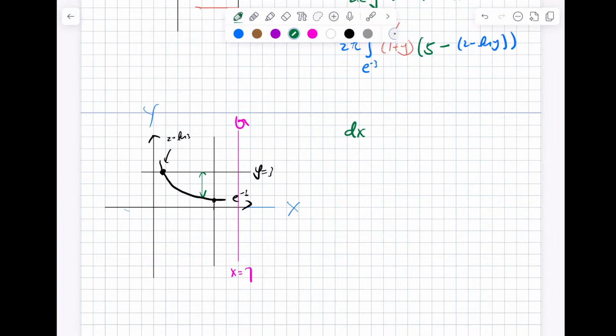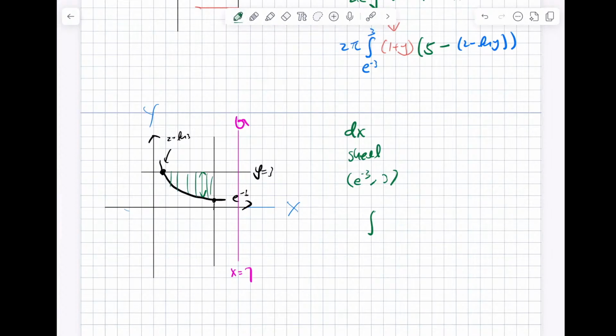So we know it's shell, and we know it's from where to where? e to the negative 3 to 3, right? So we already did the hard part. Wait, hold on a second. No, it's from here to here.